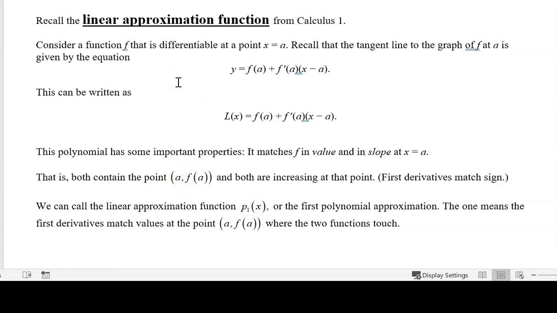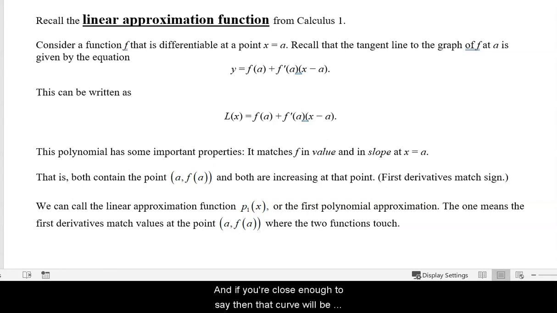The reason this worked is because if it's differentiable, then you know on the graph that you don't have any sharp corners or sharp cusps and no vertical tangent lines. Because there are no corners and cusps, if you use a microscope and go in closer and closer to the graph, no matter how curvy it is, if you go in close enough and it's differentiable, it will eventually start to look like a line.